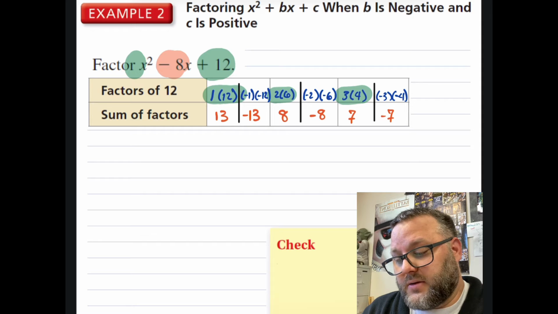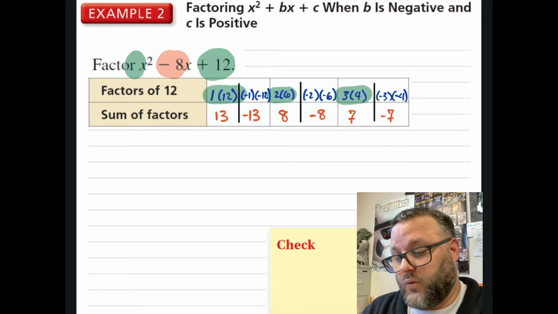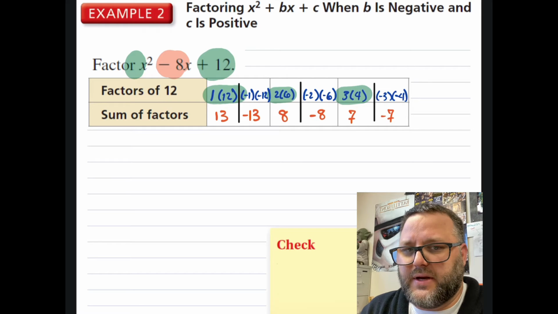But what we've got to realize is we have negatives and positives. The product of the original, where it's 1 times 12, has to be positive. Well, two positives multiplied together make a positive, but so do two negatives.